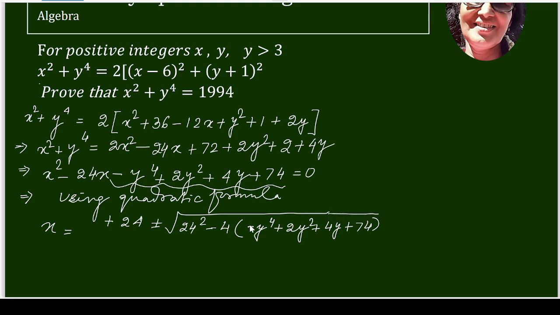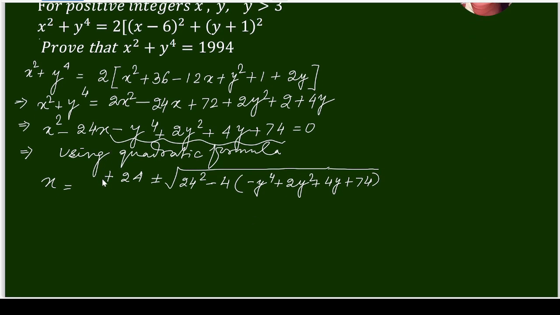This is the value of x in terms of y, divided by twice a, that is 2 into 1, 2.